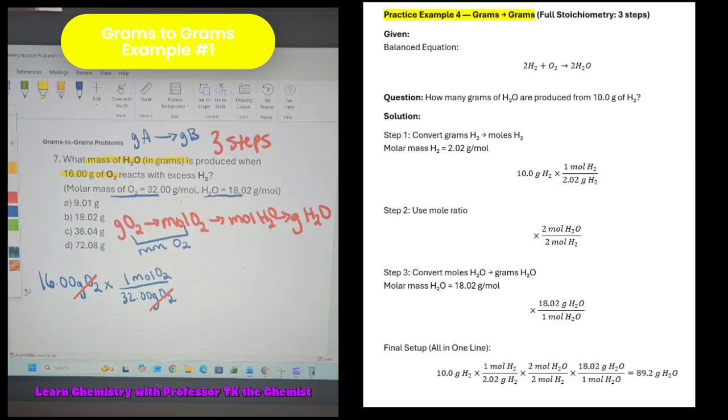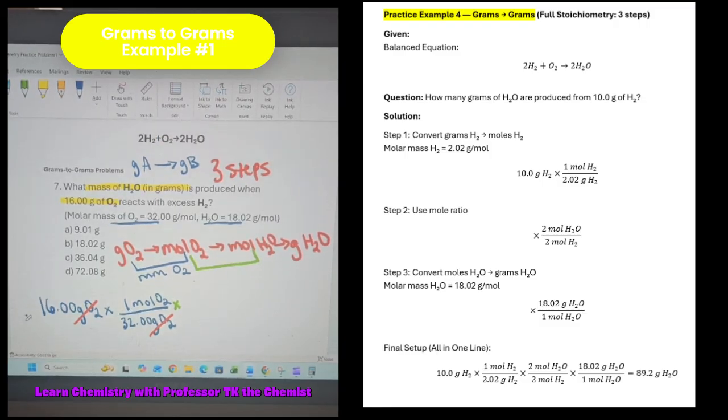Now, I'm going to move on to moles of oxygen to moles of water. So you go back up here to your balanced equation, and you only need the moles of water and the moles of oxygen. Use those two that I highlighted right here in this next step.